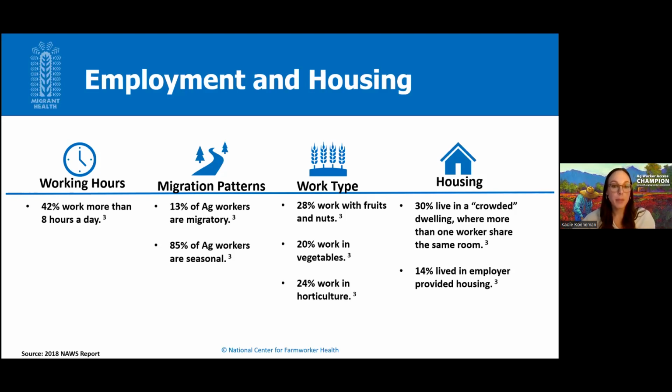Looking at work type, 28% work in fruits and nuts, 20% work in vegetables, and 24% work in horticulture. The migratory agricultural workers were less likely than seasonal workers to hold a job in horticulture. And looking at housing, 30% have reported living in crowded dwellings where more than one worker shares the same room, and 14% live on the farm of their current employer.